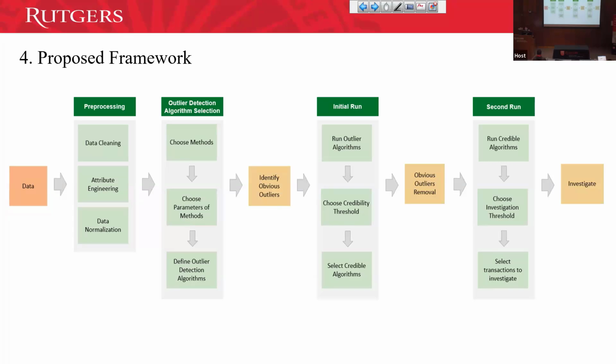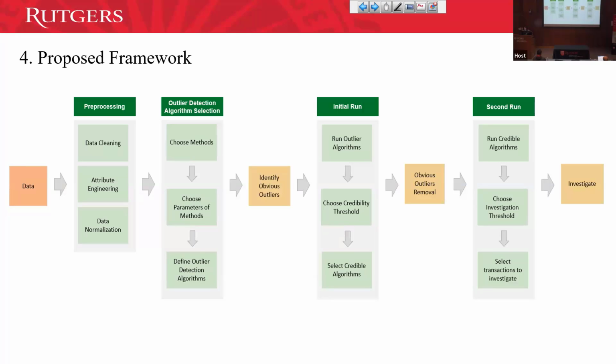In our initial run, we try to select the most credible algorithms, those that can select most of the obvious outliers. Intuitively, if one algorithm can select most of the obvious outliers, this algorithm is really credible in this specific context, which is consistent with audit judgments and audit objectives.